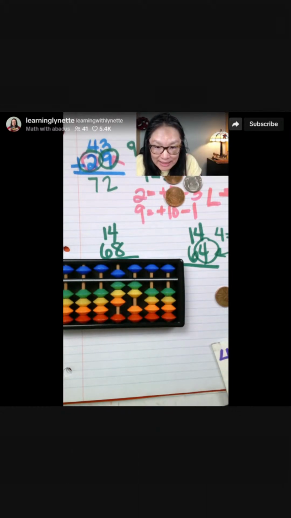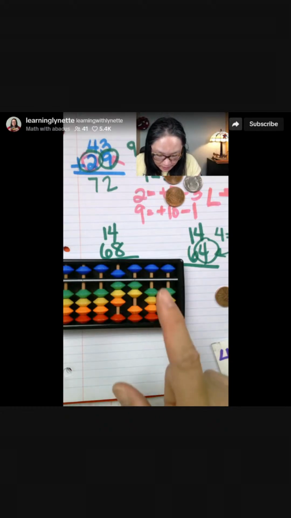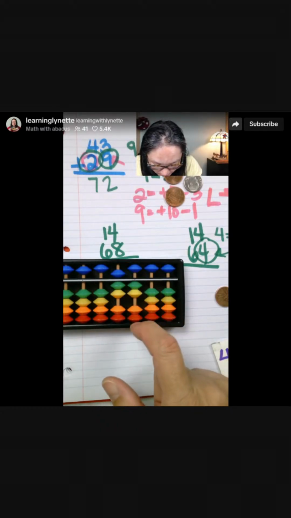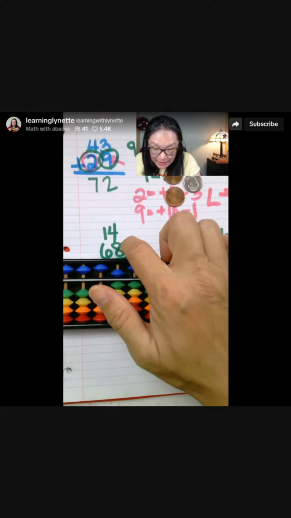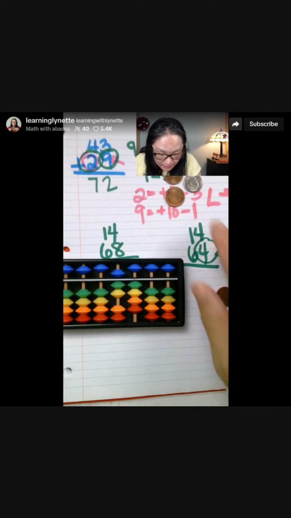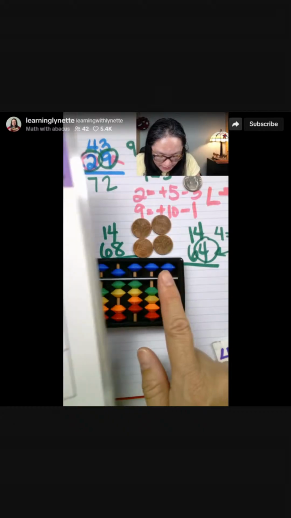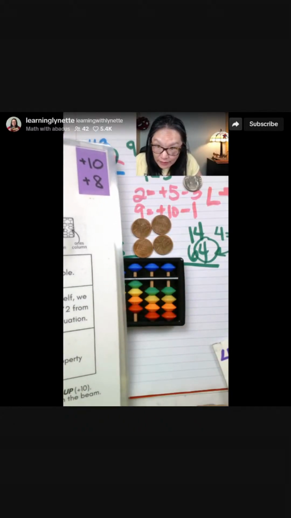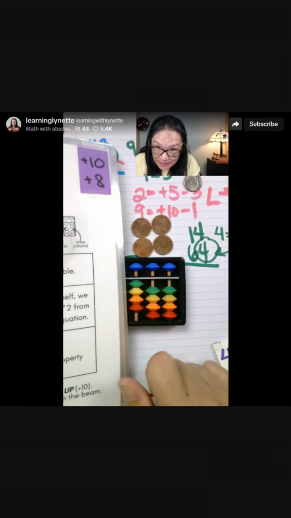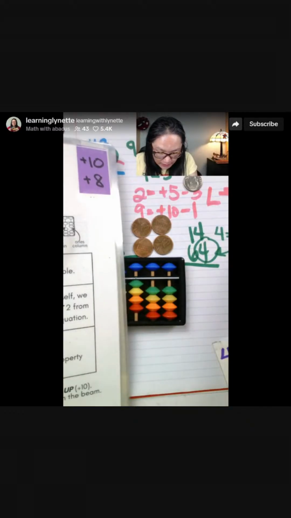I got lost on the last one. We're back to here. 8. When we add the 8, we have 4 on the abacus. I want to add the 8. To add the 8, what do I do? Plus the 8 is plus the 10 minus the 2.